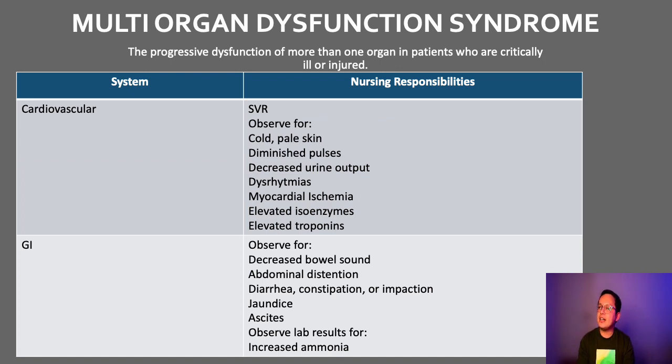Next is cardiovascular. What are your interventions? Nursing responsibilities are to observe for cold, pale skin, diminished pulses, decreased urine output, dysrhythmias, myocardial ischemia, elevated isoenzymes, and elevated troponins. Do you know what troponin is?